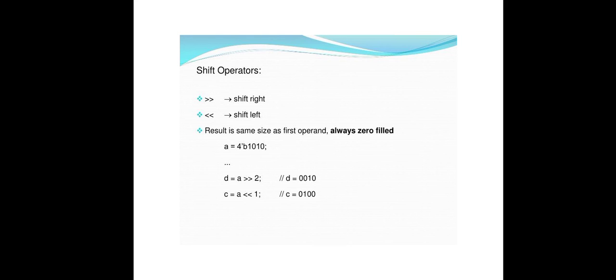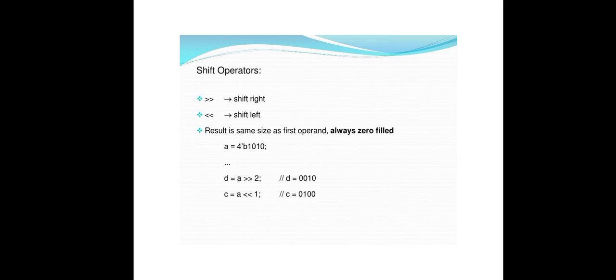Now for example, a is equal to 4'b1010. For the first condition, d is equal to a >> 2, that means this value a equal to 1010 is shifted 2 times, that is 0010, shifted 2 times.